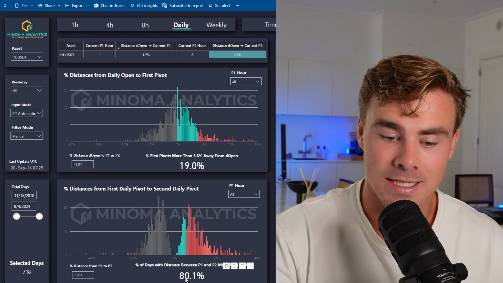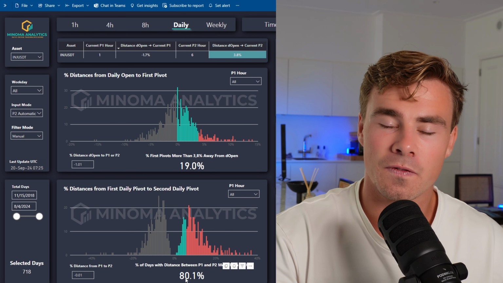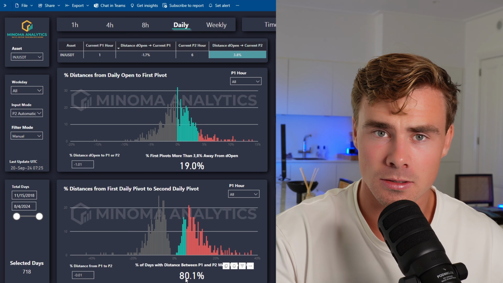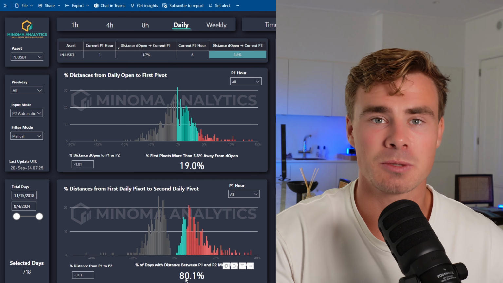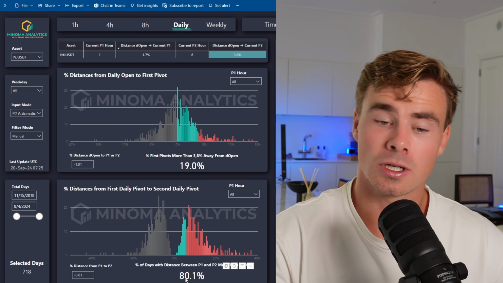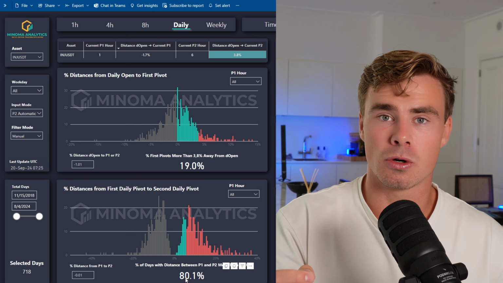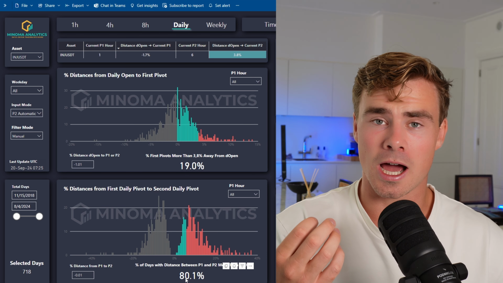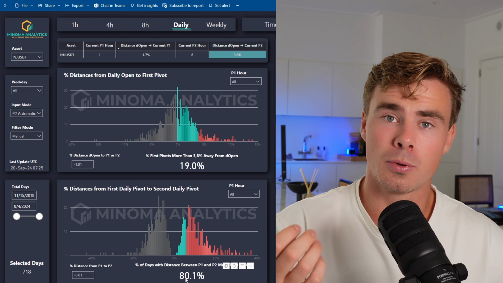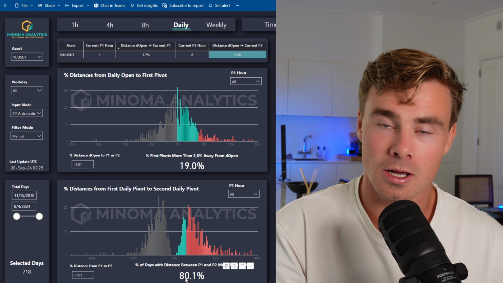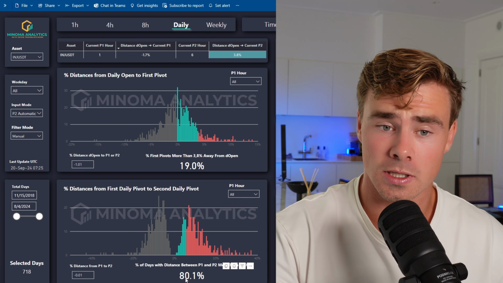On the other hand, there's an 80% chance to get a further bullish displacement compared to the current distance, the bullish distance that price has made so far from the daily low to the current daily high. So the daily distance statistics are showcasing a high probability for the daily low to hold and also a high probability to get a further bullish move compared to the current move that we have seen so far for the day. Once again, providing us with a lovely edge.